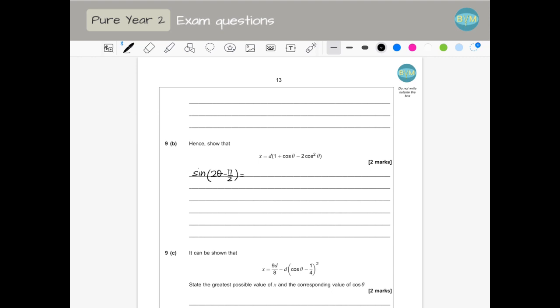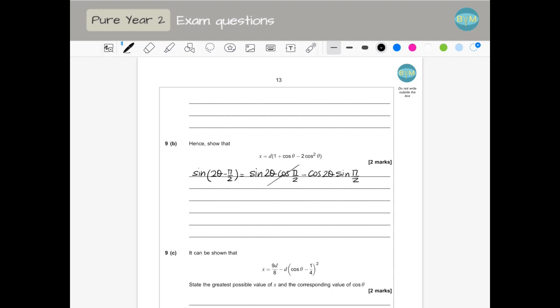sine 2 theta minus pi half. If we use the addition formula for sine, so sine (A plus B), we have sine cos, so sine of the first one, cos of the second one, minus cos sine, so cos of the first one, sine of the second one.